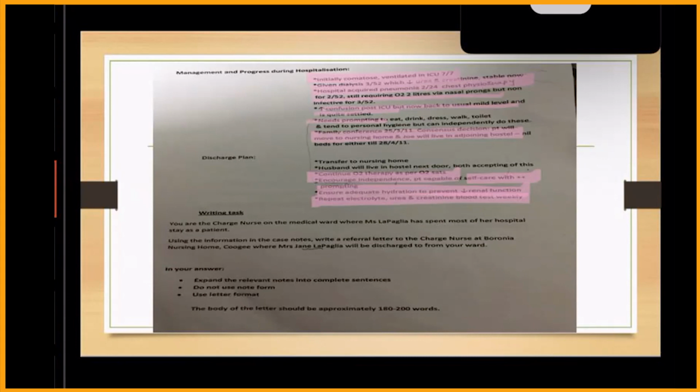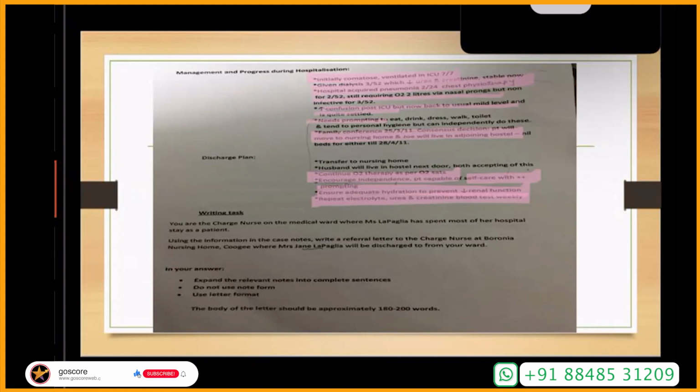We can say, even though she developed confusion post ICU, she is now settled, and is capable of doing her activities independently, which needs to be encouraged, though she requires prompting.